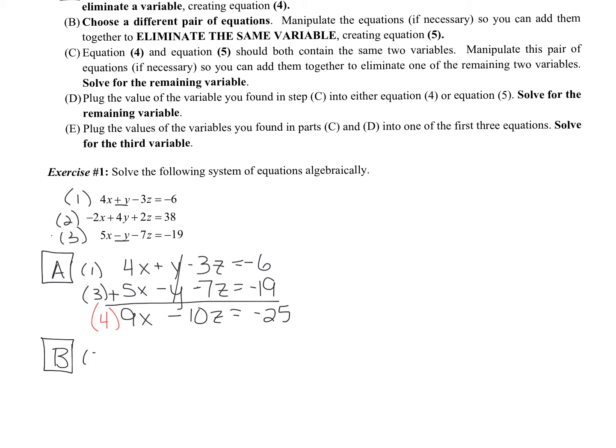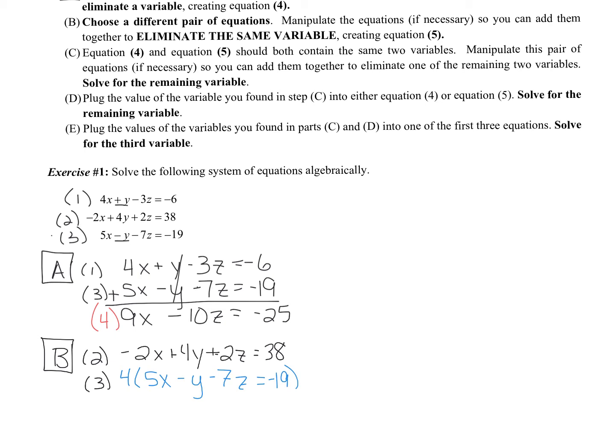So I'm going to write them down. Now, this might seem like it's a little extra work, but I'm actually going to show that multiplication just because, as I said, there's a lot of room for error. So in equation 3, I'm multiplying the equation by 4. So 4 times 5x minus y minus 7z equals negative 19. Now I use these arrows to show I'm going to go over.